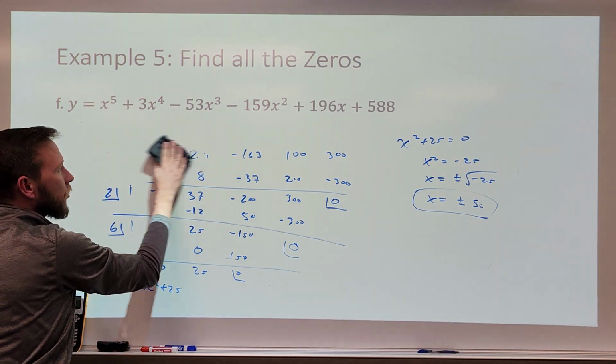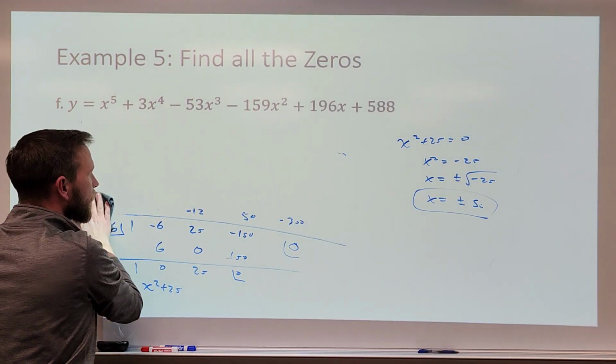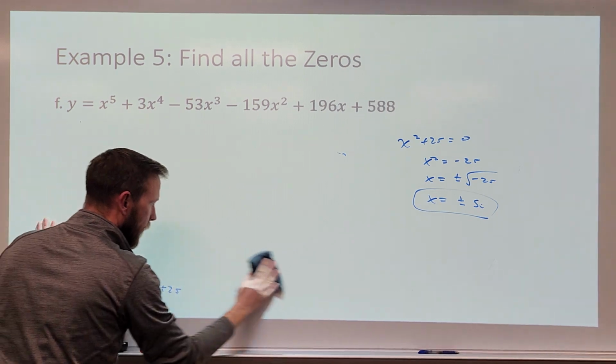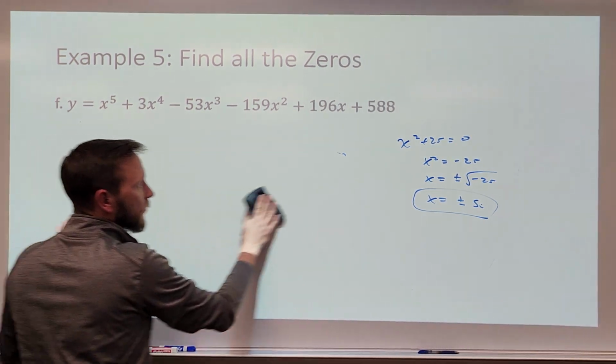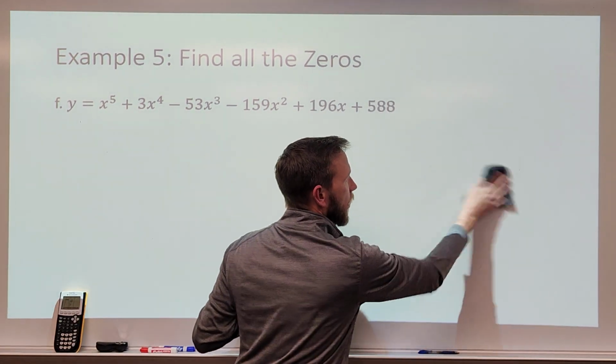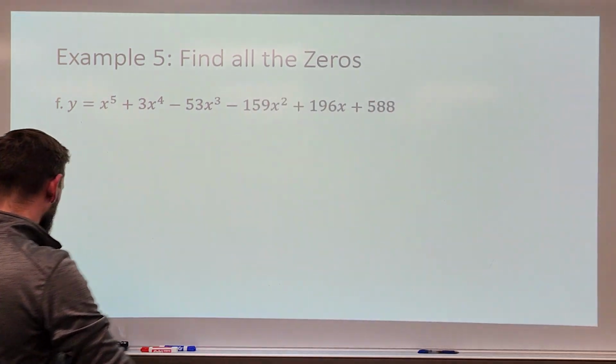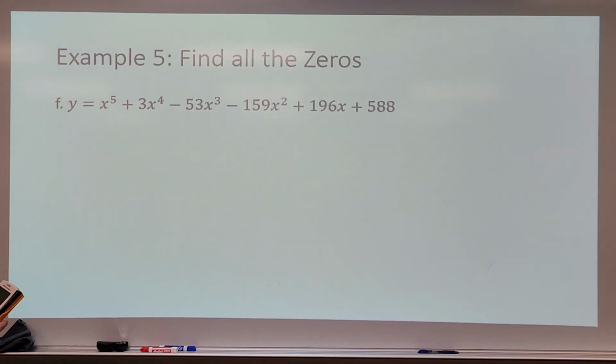If you do not have a grapher at home, then you can go to desmos.com and you can use the grapher app to find the zeros, and you should be able to see them in the grapher. In fact, you know what? Since I'm a nice guy, I'm going to go ahead and type that in right here. If you have your grapher and you don't want to wait for me to type this in, then you should be good.